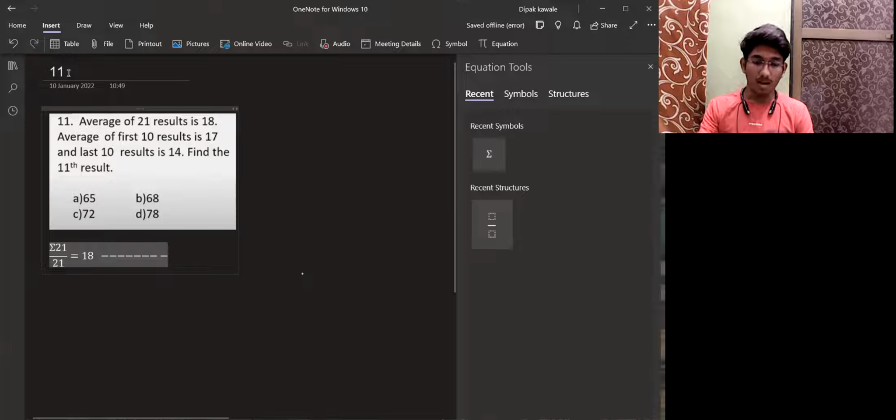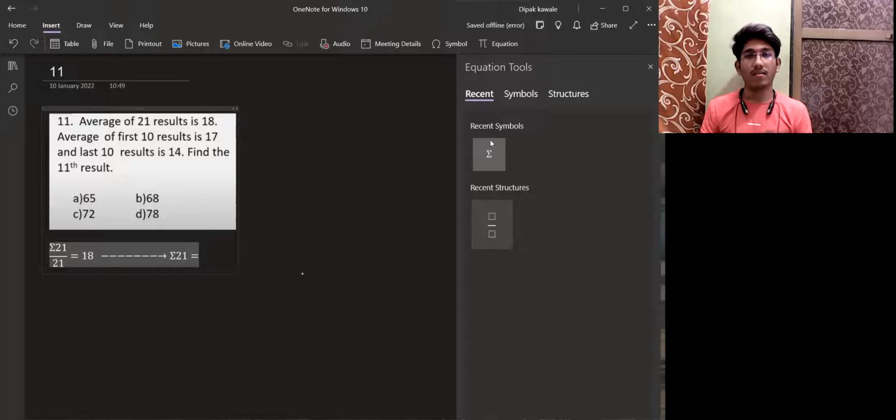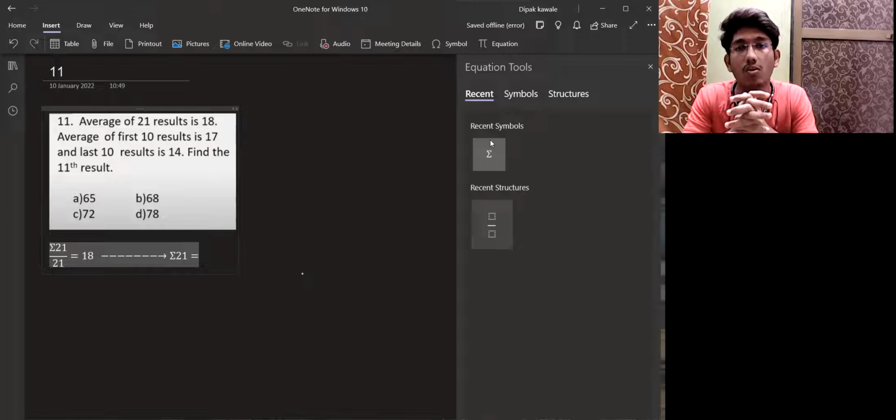That means total value of this 21 is 21 into 18. Now see students, we are not allowed to have a calculator in the exam. So our approach should be to simplify the calculation. Now 18 into 21.